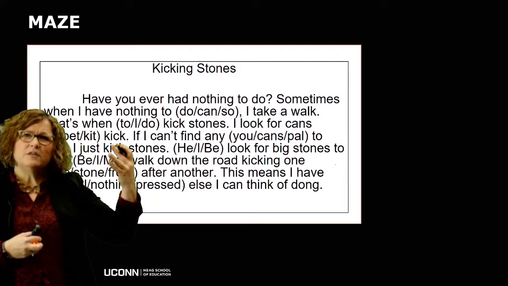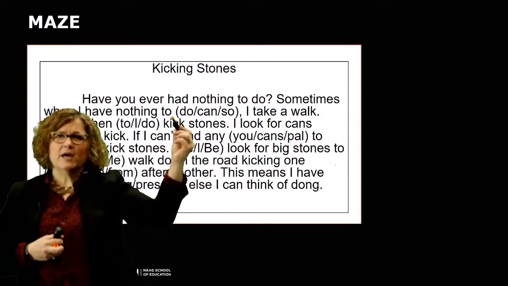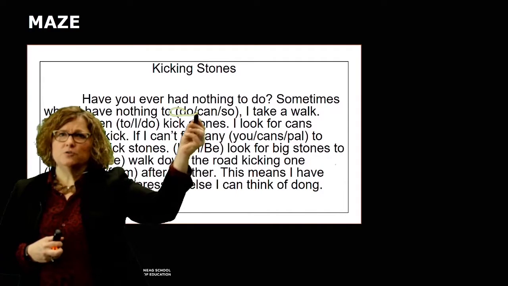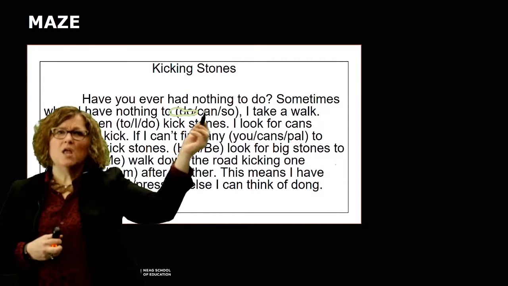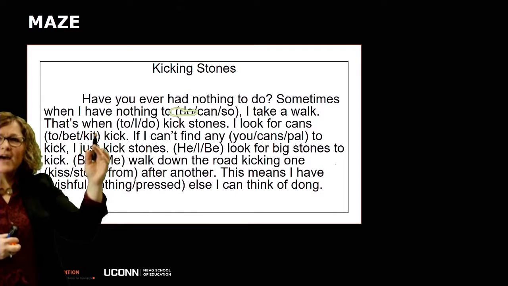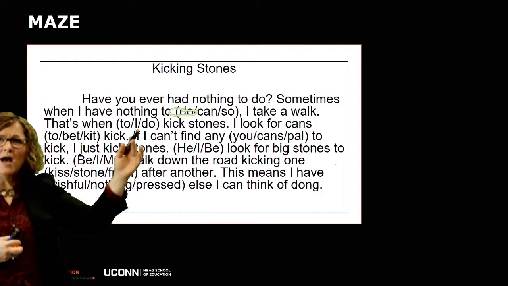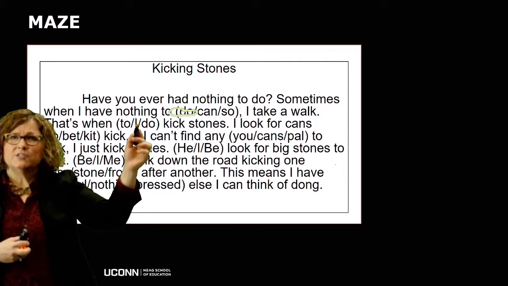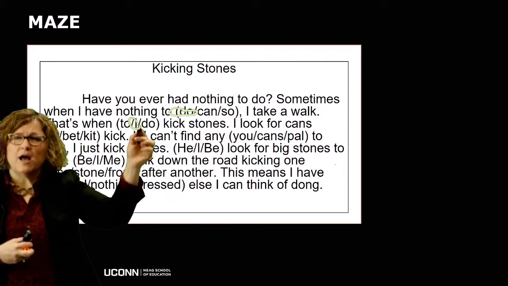Sometimes when I have nothing to do, okay? So they're going up here and they're circling the word do. Sometimes when I have nothing to do, I take a walk. That's when I do. That's when I kick stones. So they actually are circling the word I.